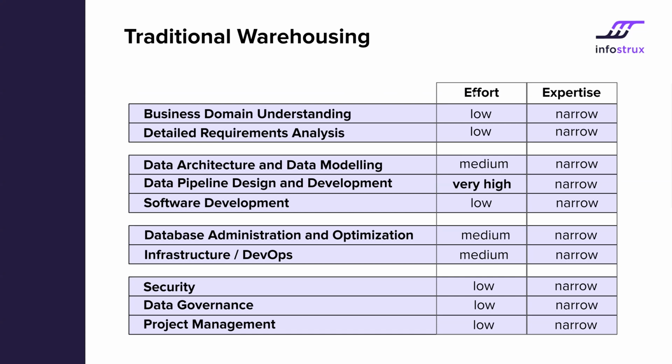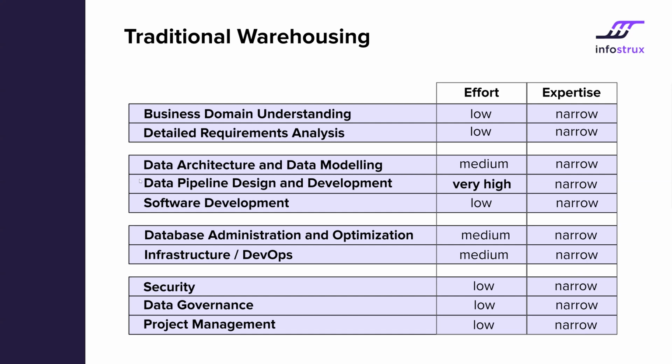Now, if you look at the expertise column, all of the values there are narrow. What this means is that in order to work in a particular area in traditional data warehousing, the expertise required is fairly narrow. It means we have to understand perhaps one single domain or one or two major data architecture or data modeling approaches.